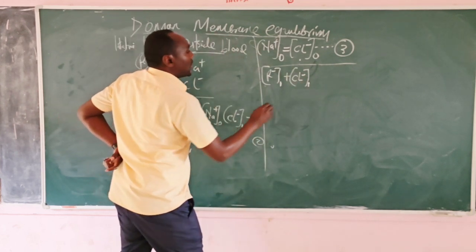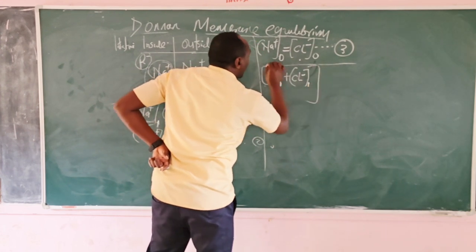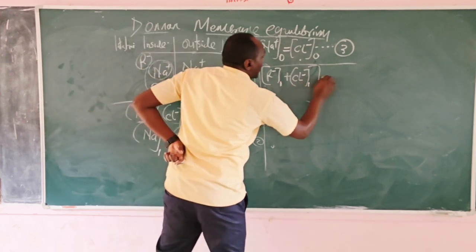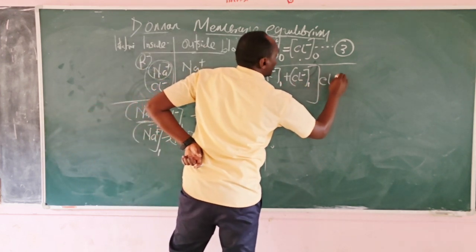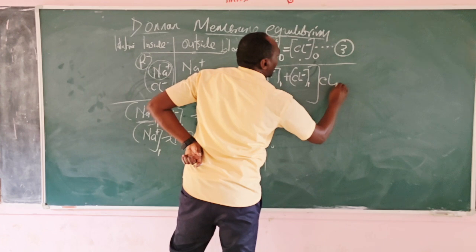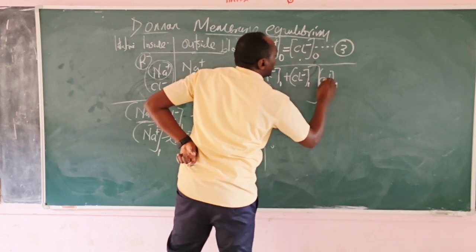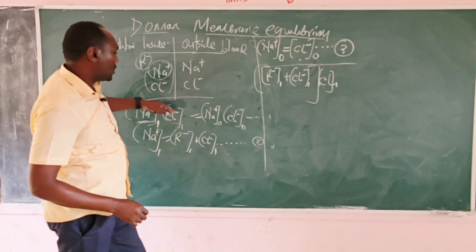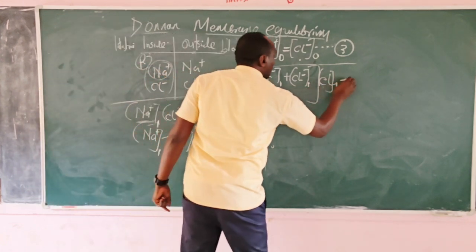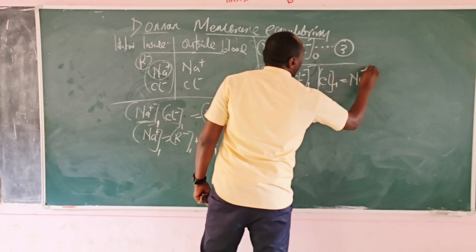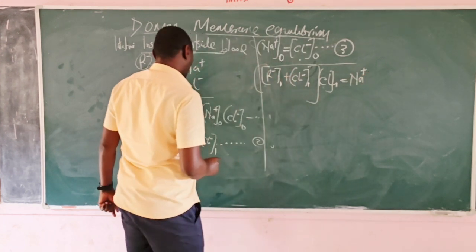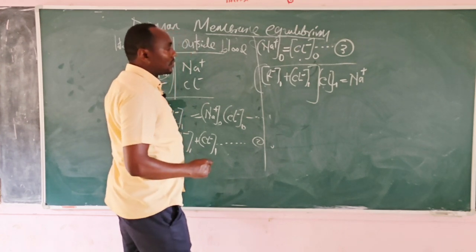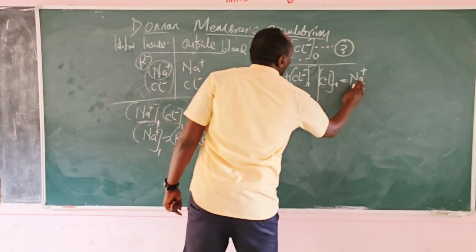And chloride inside, the whole of it, is equal to sodium outside. Substitute 3 in 1.